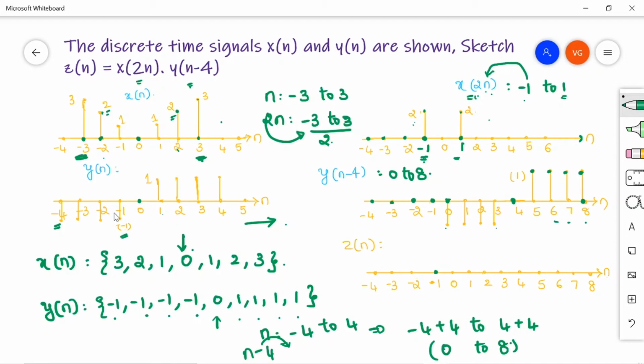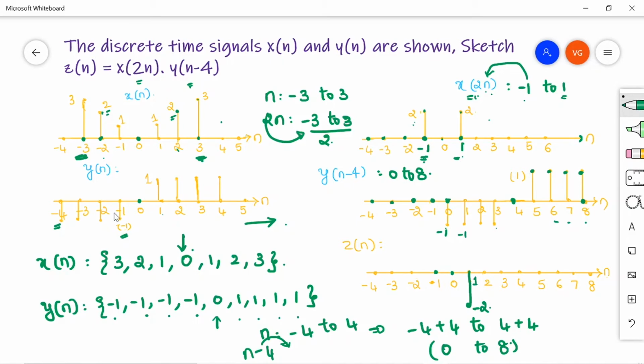Next, at n is equal to 0, you have 0 multiplied by the amplitude here, which is minus 1. So again 0. Then here at n is equal to 1, x of 2n has an amplitude of 2 and y of n minus 4 has an amplitude of minus 1. So 2 into minus 1, I'll have minus 2 amplitude at n is equal to 1.